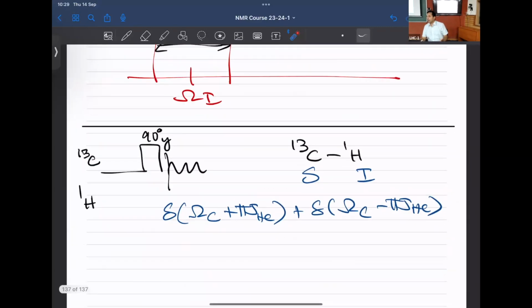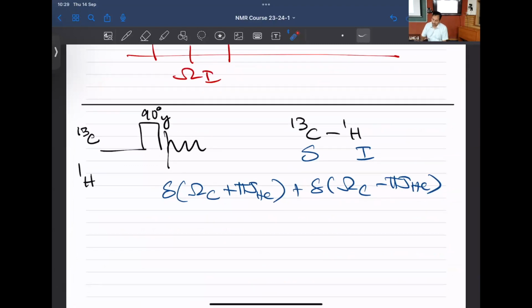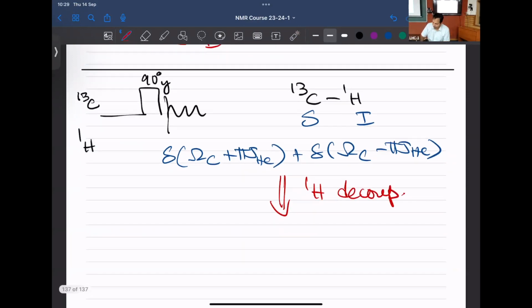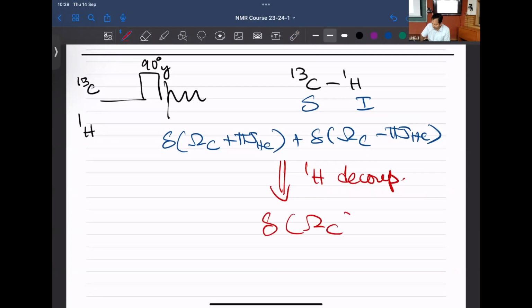So generally, a carbon experiment is done with something called proton decoupling. Don't ask me how it works. It will make things complicated for the time being. Maybe we can see it after the midsem. What it will do is to not allow the scalar coupling to come up. Basically, it will decouple. It will act as though the proton spin alpha or beta cannot be distinguished.